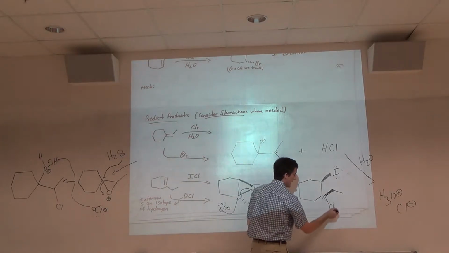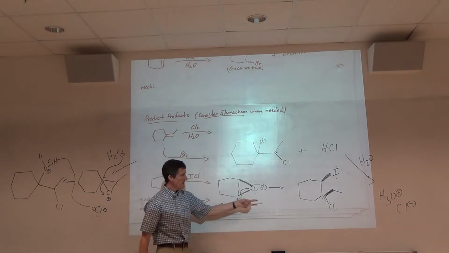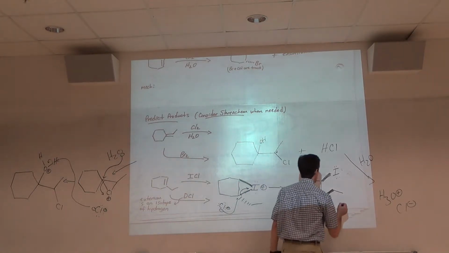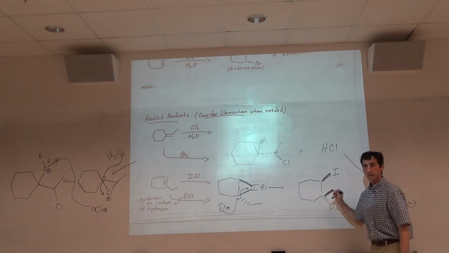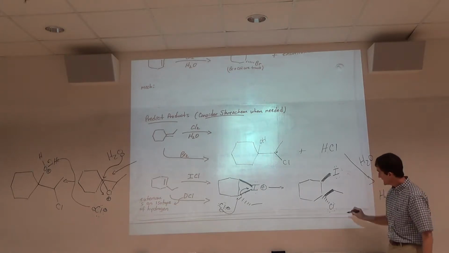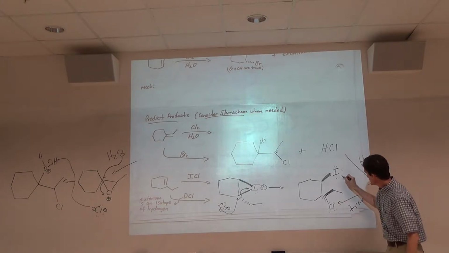Okay? And there's only 3 lone pairs on chlorine, because the 4th lone pair is now a bonding pair. And so we added ICl across the pi bond, that's the terminology, but the I and the Cl are in what relative orientation? They're trans.